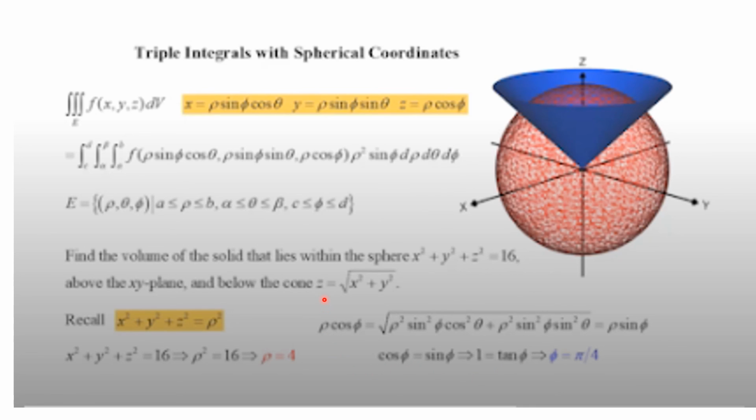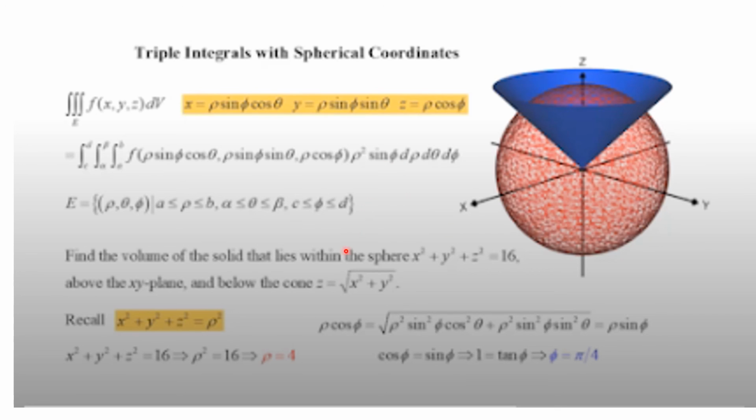When we look at the sphere, we know that this sphere has radius 4, so rho goes from 0 to 4. And z is equal to the square root of x squared plus y squared, and we work through it. In exactly the same calculation we did before, we get that theta is equal to pi over 4.